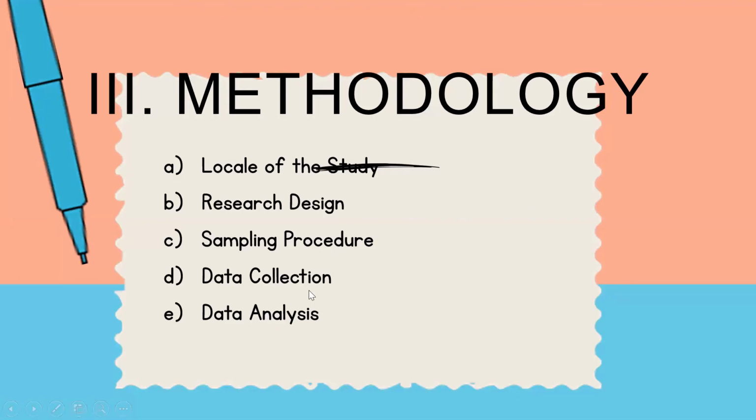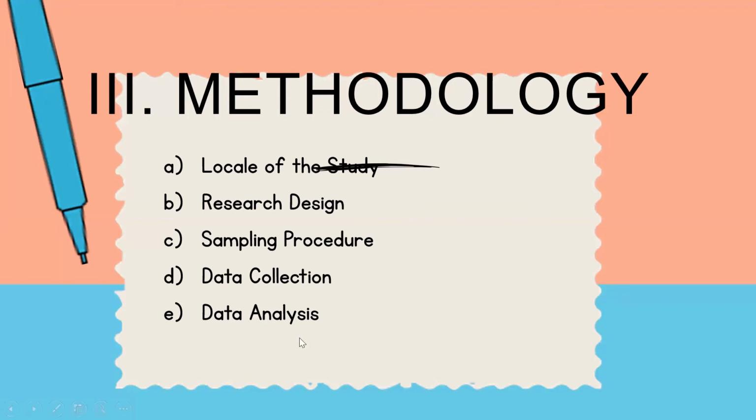In data collection, you also mention what the time frame is. So if you collect the data within February and March 2024, you mention that. And you mention also some scope here, that those collected in January are not included in the study.